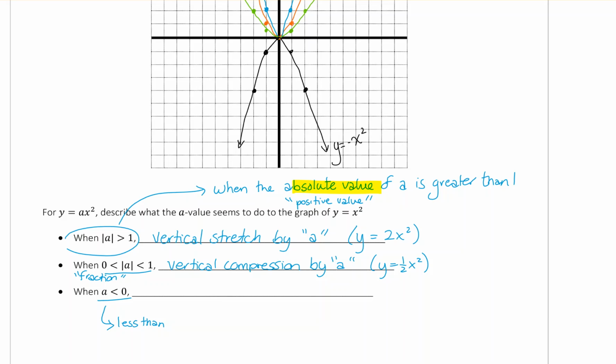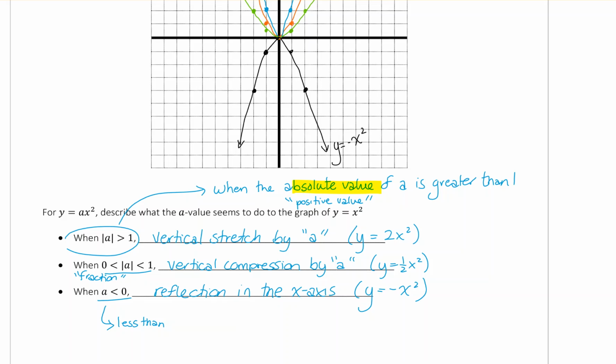It's been flipped to match it perfectly. We call this a reflection in the x-axis. So if it is negative, you're going to notice that your parabola is going to be flipped over the x-axis.